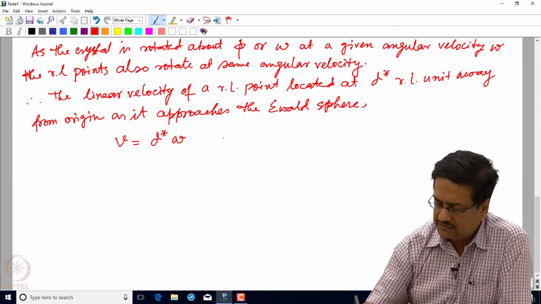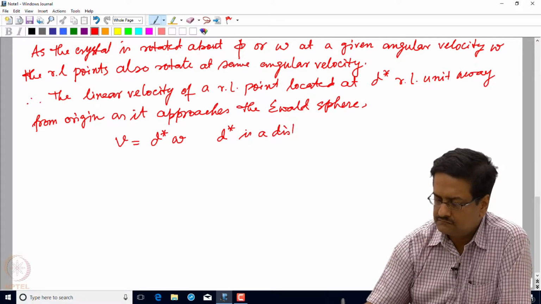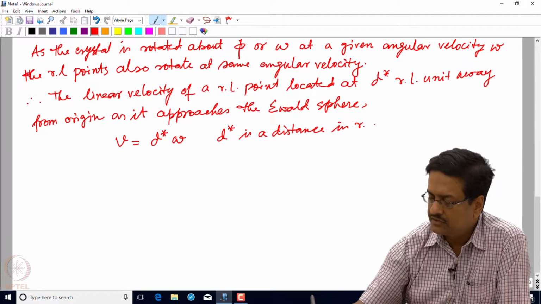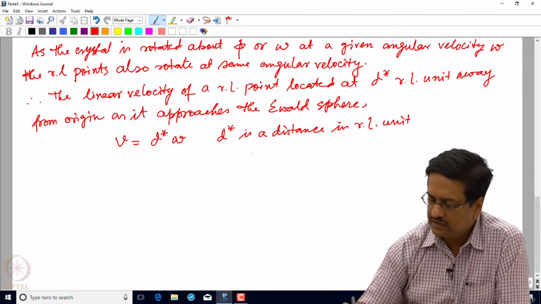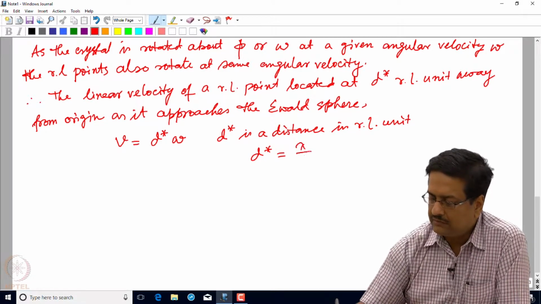Remember, d star is a distance in reciprocal lattice unit. So here actually the d star means lambda by d.